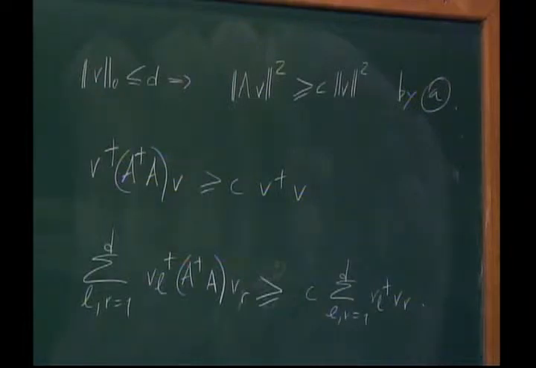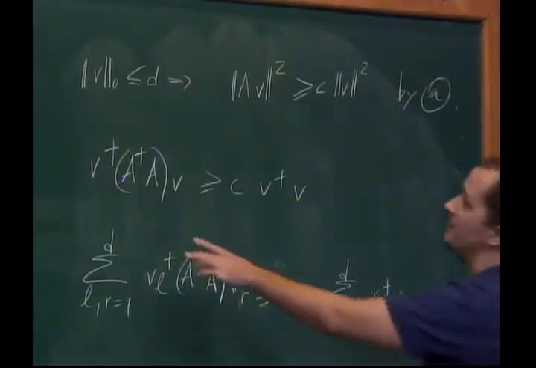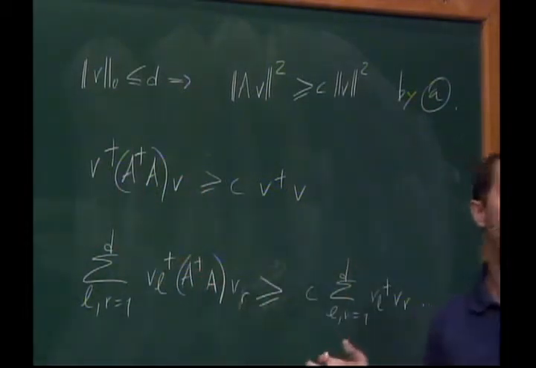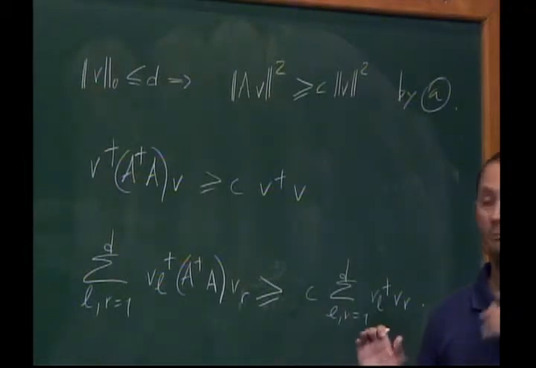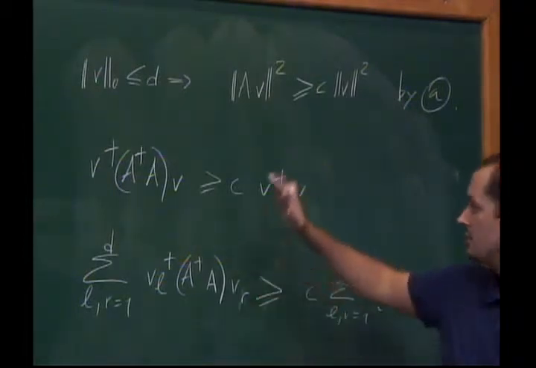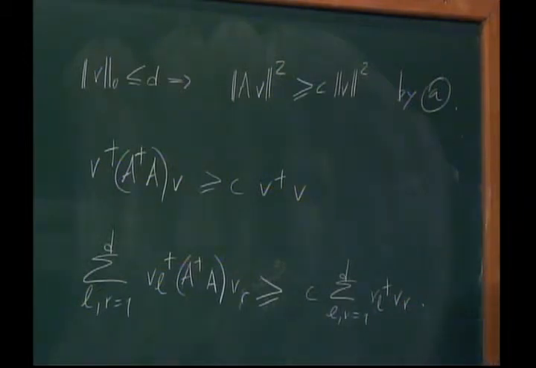This is okay, right? I haven't done anything illegal again. I'm just saying we have a sparse vector. Well, it happens to be a random vector, but it's always sparse. It has an L0 norm less than or equal to d with probability 1. So you can do all of this. But now we're going to use the randomness. The way you're going to use the randomness is just to take expectations on both sides.